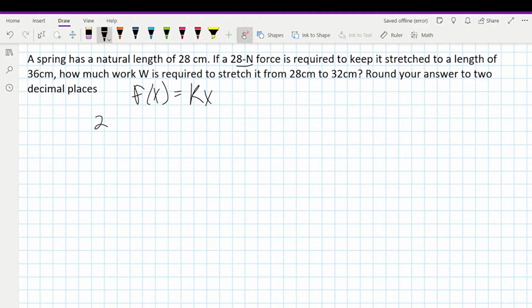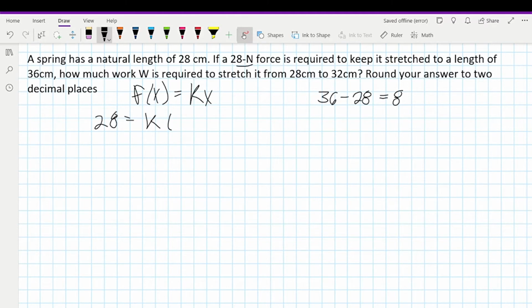So we have our 28 set equal to k times x, because we are trying to solve for k. We are stretching it initially with 28 newtons from 36 centimeters to 28 centimeters, and that gives us 8 centimeters.